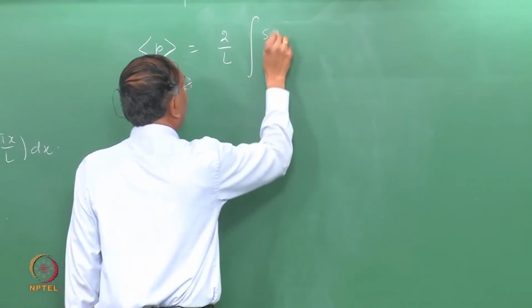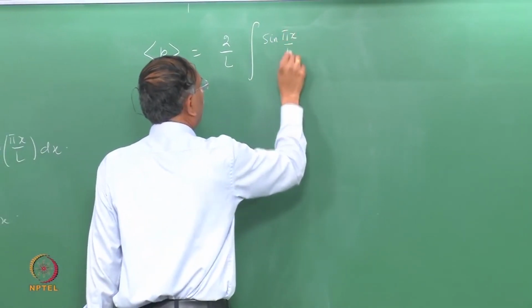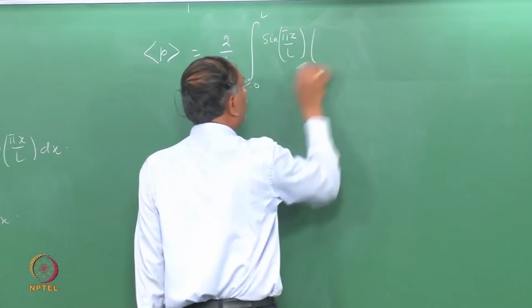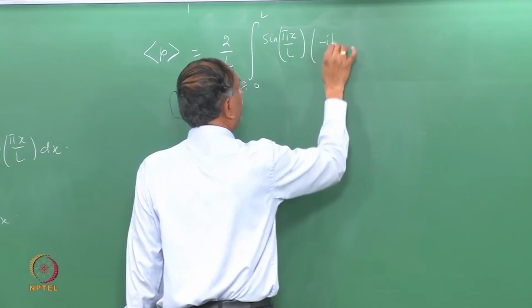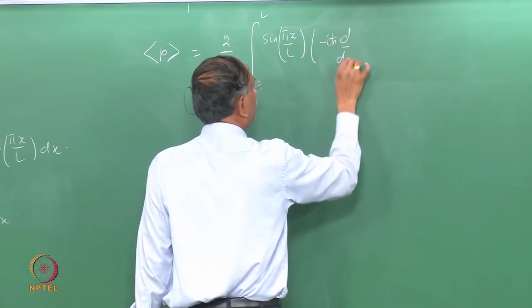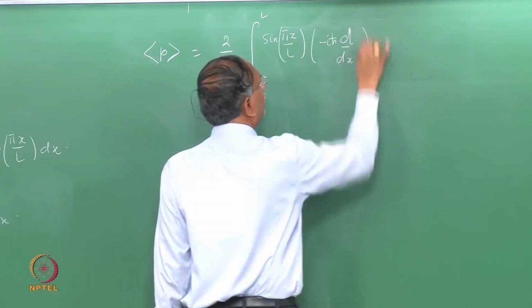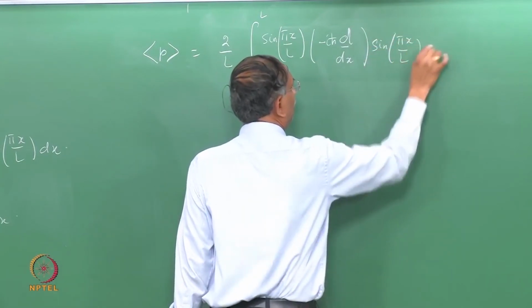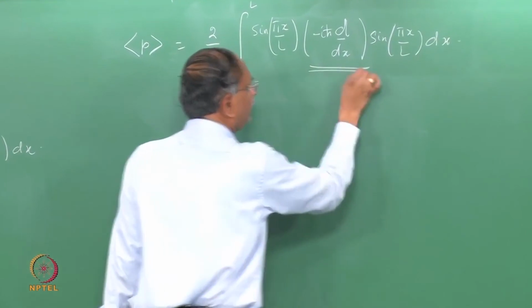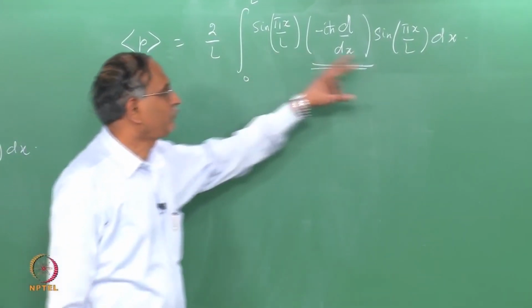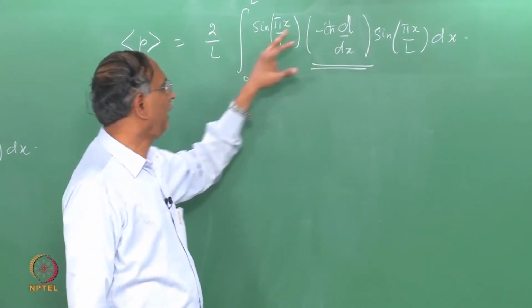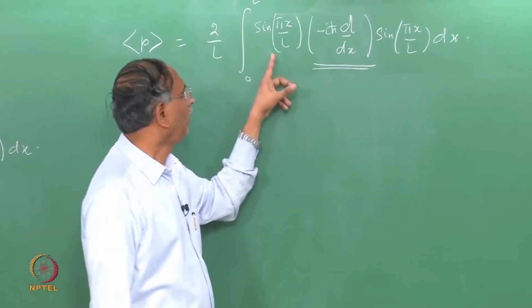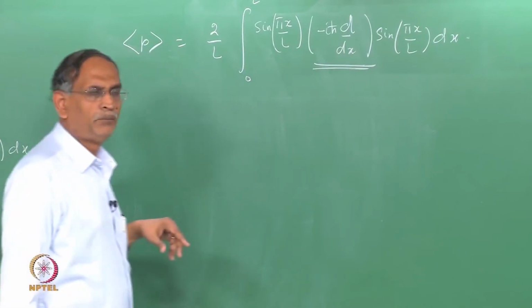Then you have sine pi x by L between 0 to L, and the momentum operator is minus i h bar d by dx acting on sine pi x by L dx. See that the operator is sandwiched between the wave function and the complex conjugate of the wave function, but here the wave function is real, therefore you do not see the difference between the two.